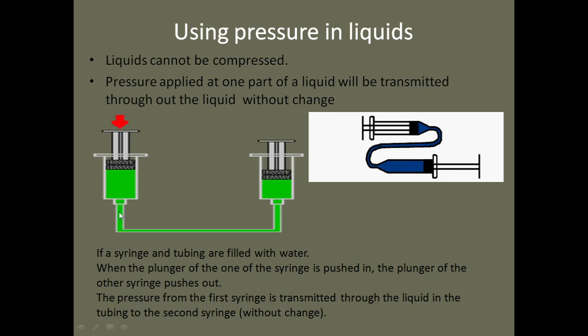Remember, you cannot compress this liquid. So once a pressure is generated in the liquid, it is transmitted in all directions, throughout the liquid to this point, and the pressure exerted here creates a force that makes this move up.